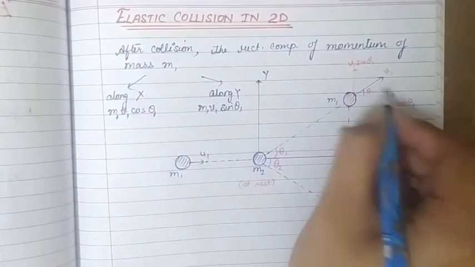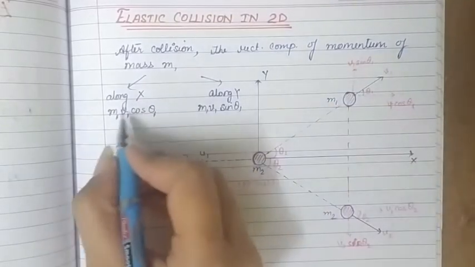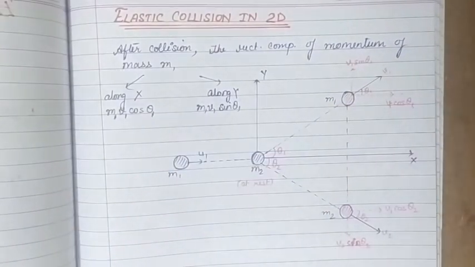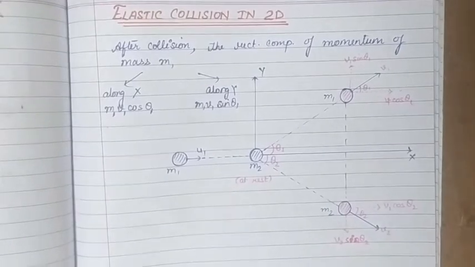These are the components of momentum of mass m1 after collision along the x and y axes.